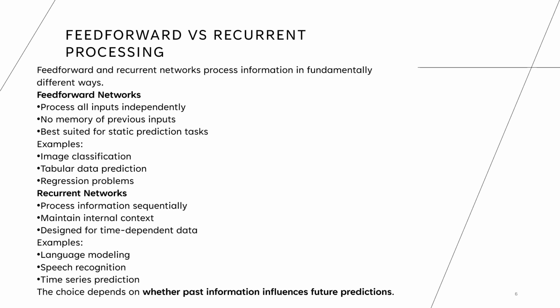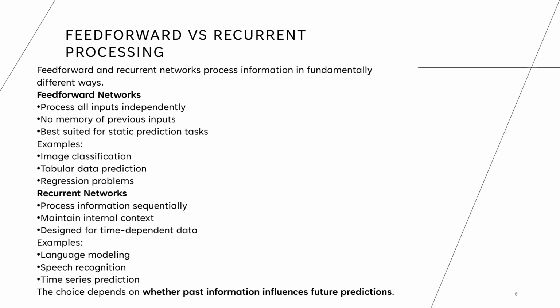Once that prediction is made, the computation is complete. Each input is treated as independent from every other input. This approach works extremely well for many tasks. For example, feed-forward networks are commonly used in image classification, regression problems, and prediction tasks involving structured data.